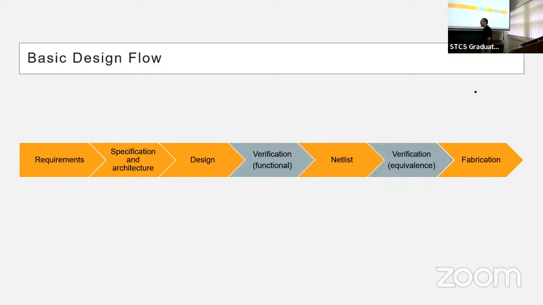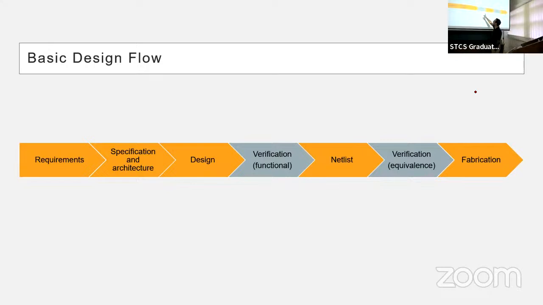And design happens in hardware description language. Mostly people use Verilog, SystemVerilog these days. In the past, VHDL was also used as a hardware description language. There are more, but not that commonly used, mostly Verilog and SystemVerilog.